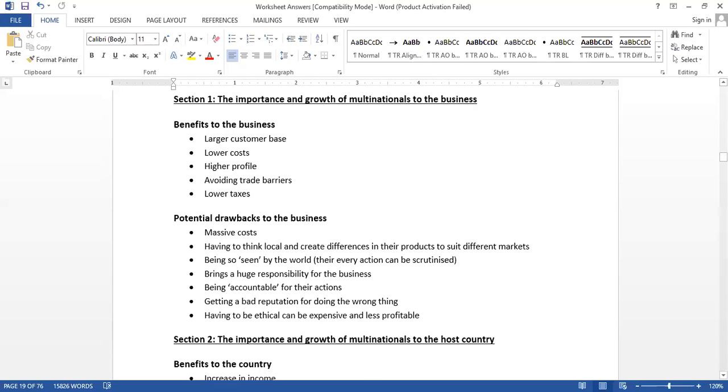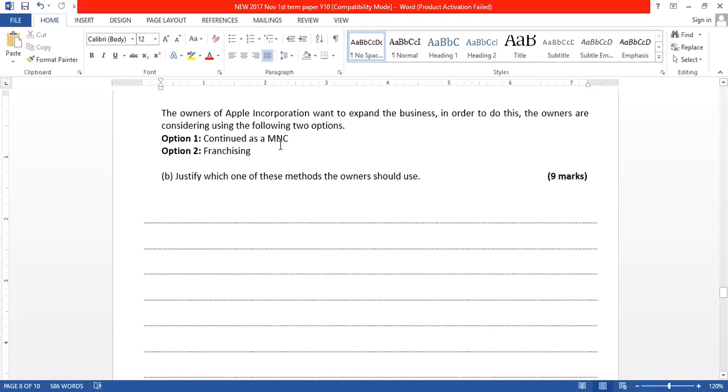So mainly, when you're writing this 9-mark question, always pick one option, either continue as an MNC or continue as a franchisor. For the franchisor business model, you can say it is an easy and fast method of business growth, and the risk of doing business can be transferred to the franchisee.